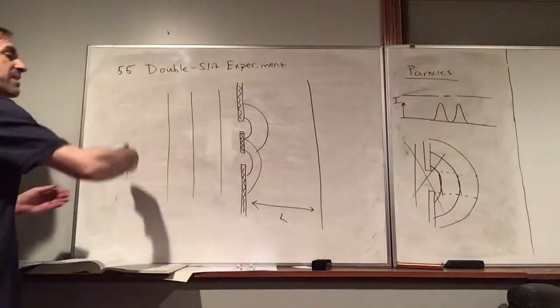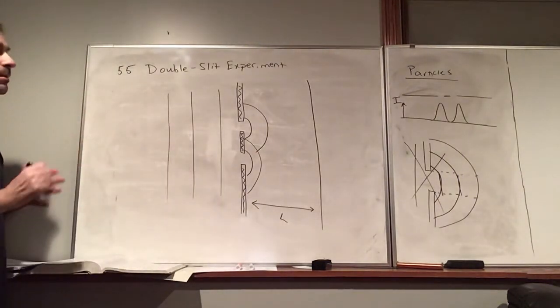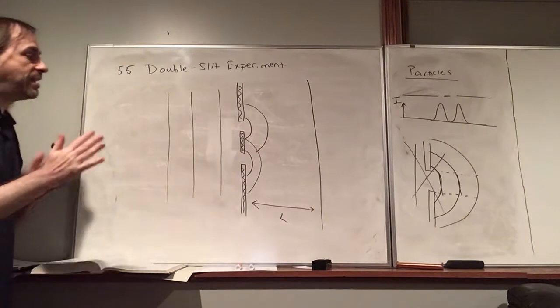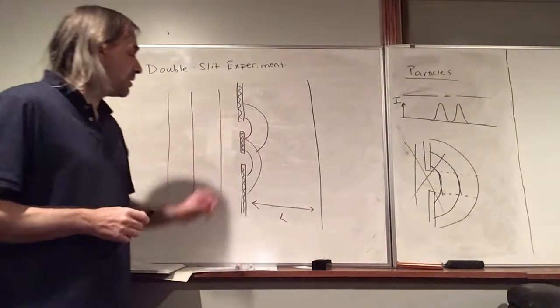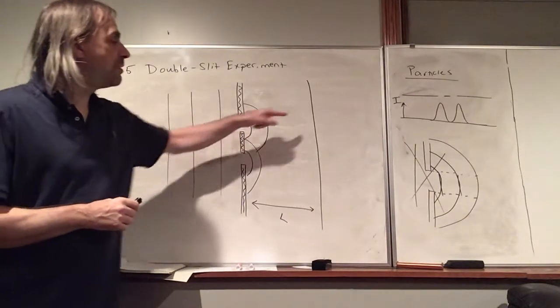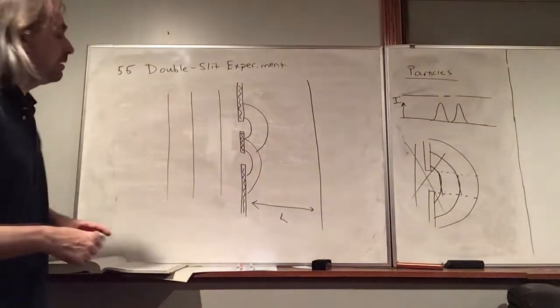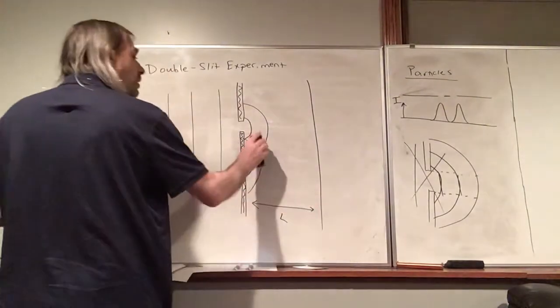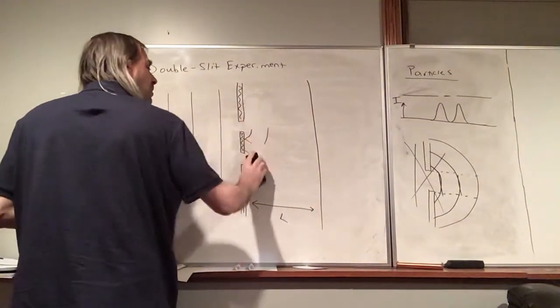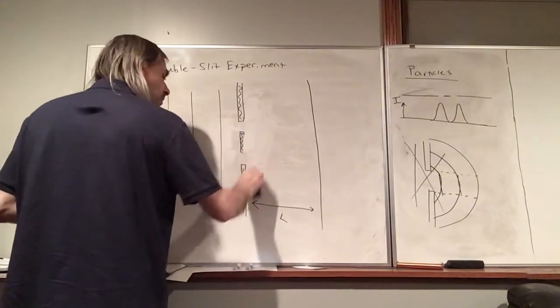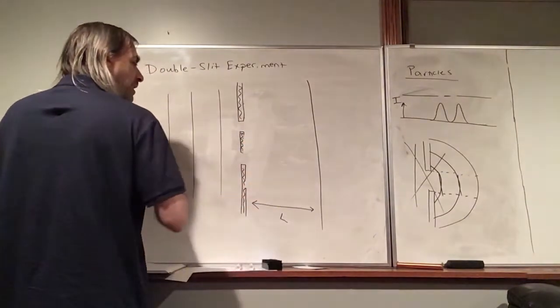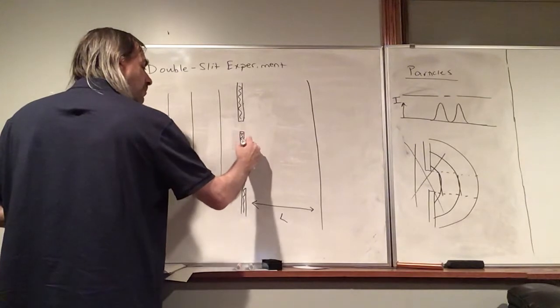And we want to make sure the same occurs with light. So we're going to say that these waves are in phase. So we have two sources of waves, and they're going to meet on the screen. And we want to look at where we would get constructive interference and where we would get destructive interference.